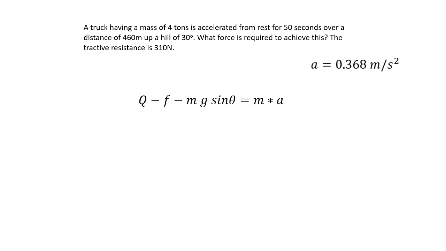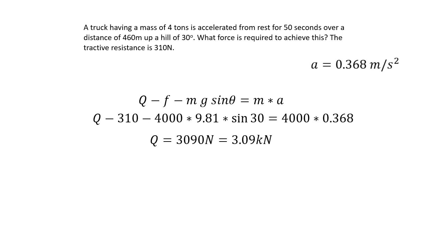And we go back to our first formula and fill all that in, and we get our Q, which is 3090 Newtons. And that is the driving force of the truck going up a 30 degree hill.